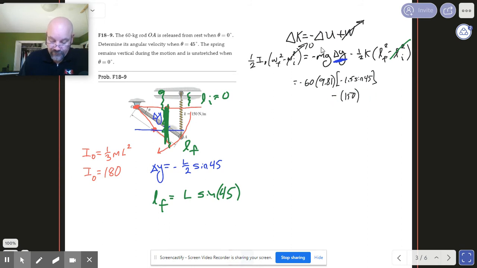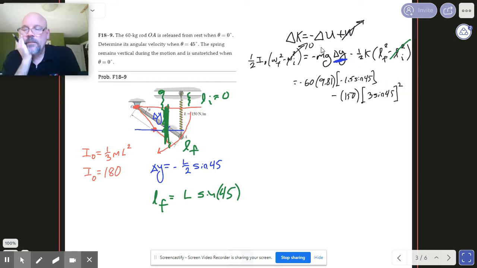And LF squared then was going to be 3 sine 45 squared. I apologize, I got a little messy there, but I didn't want it to run off the edge into the black since I was writing with black. When you run the numbers on that, let's break it down just a little bit because that's kind of interesting.